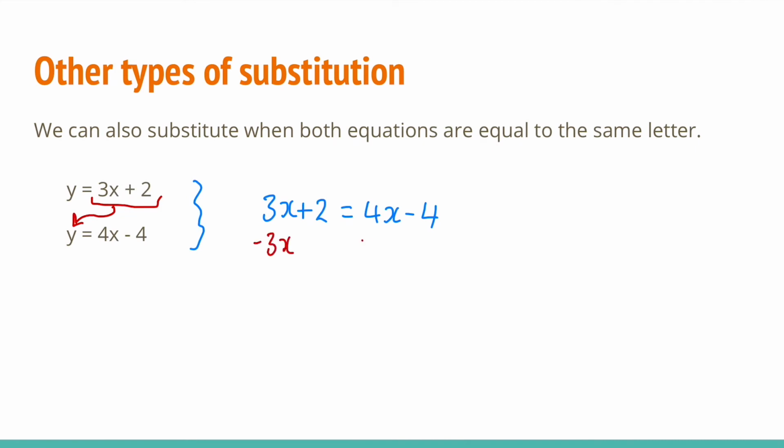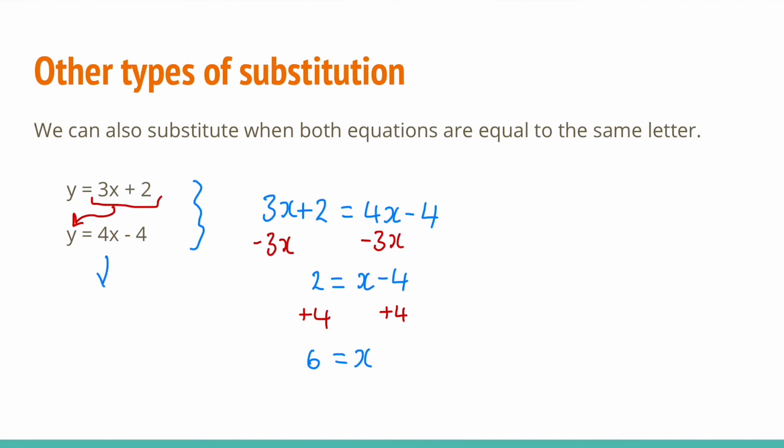We can subtract 3x from both sides. That gives me 2 is equal to x minus 4. Then we can add on 4, and that gives me x is equal to 6.